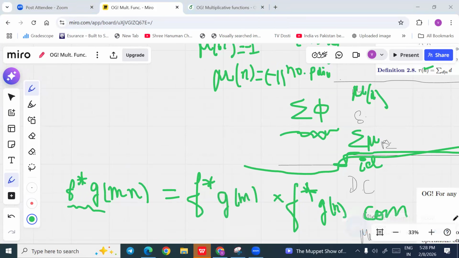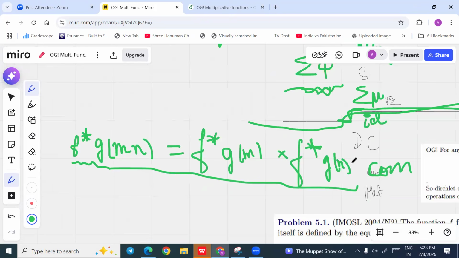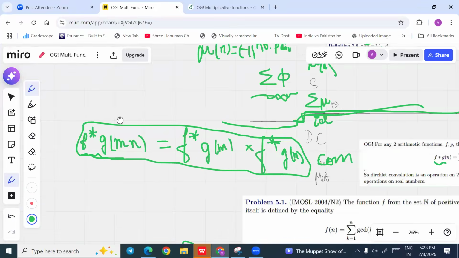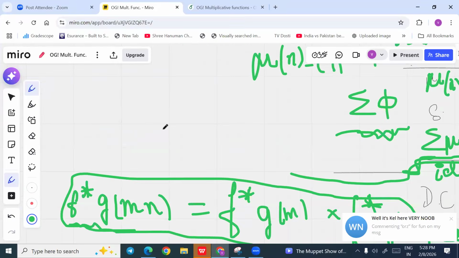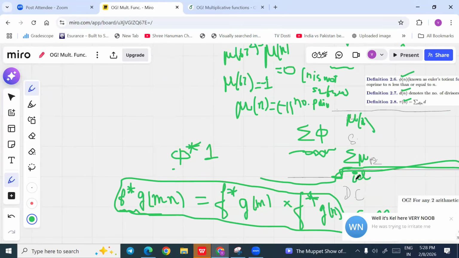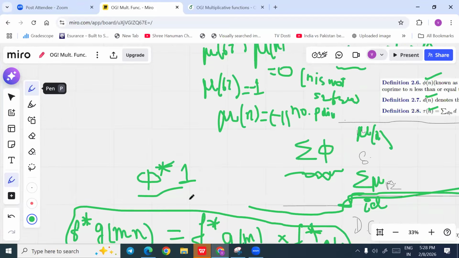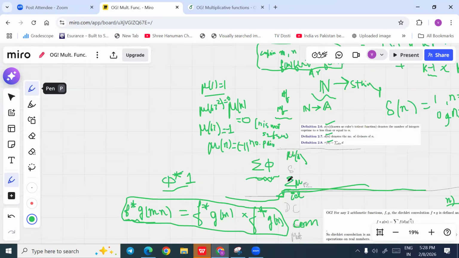Does anybody see why? This can be helpful to generate a lot of functions. For example, if I wanted to compute the general formula for the Dirichlet convolution of phi cross 1, I can just compute it for prime powers and then multiply to get the answer for general n. That's why it's very useful.